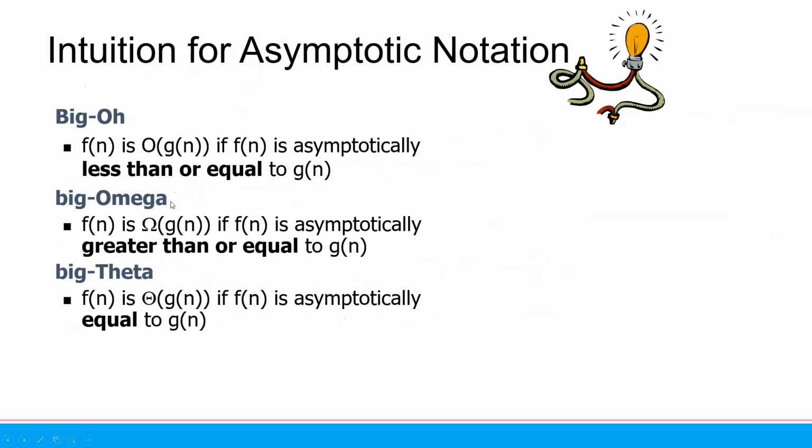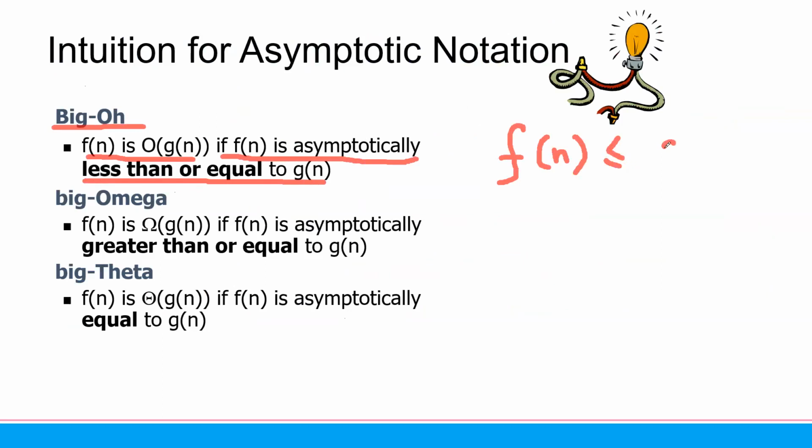For easy intuition, maybe the mathematical definition is difficult to understand. For easy interpretation, you can say that f(n) is O(g(n)) if f(n) is asymptotically less than or equal to g(n). So if f(n) is less than or equal to, we can say it is big O of g(n).